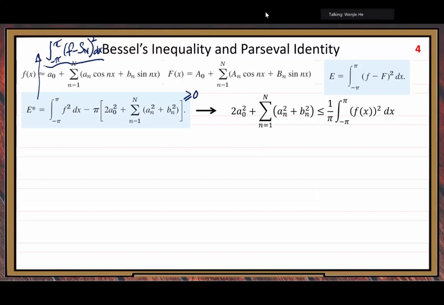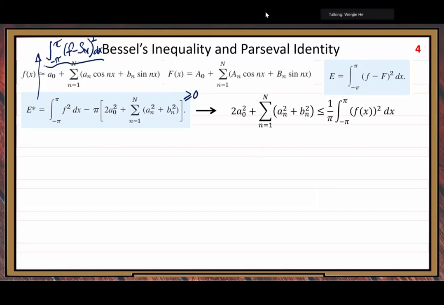Because we don't know. If it is an identity, we know it must also be an inequality, but we don't know if it is an identity. To show it is an identity, we need to prove it. So that's the possible identity, and we need to do some math work.